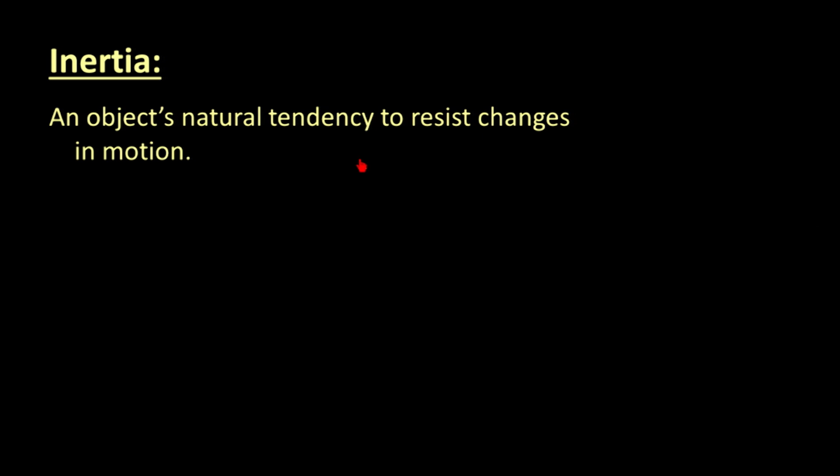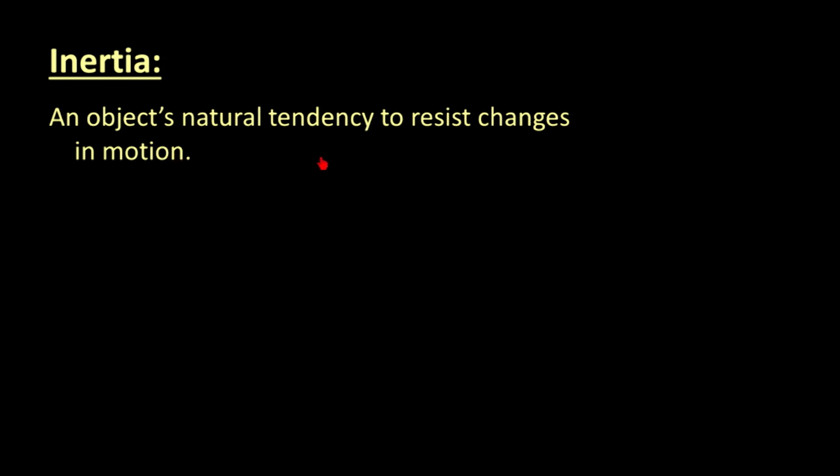If you think about it, Newton's first law is essentially the concept of inertia, and it is often referred to as the law of inertia. An object at rest will stay at rest. In other words, it's going to stay doing what it's already doing. An object in motion will stay in motion, and of course that means it is doing what it's already doing. So an object will have a natural tendency to resist any changes in what it is currently doing.